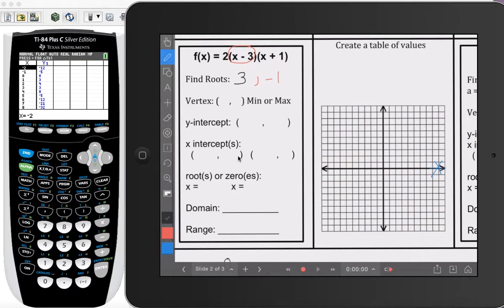And remember that the roots are going to be numbers on the x-axis. They are the x-intercepts. Now definitely there's another way for you to find the roots, and that is by plugging the equation into y equals, and then going to the table and look for an x value where y is equal to 0.